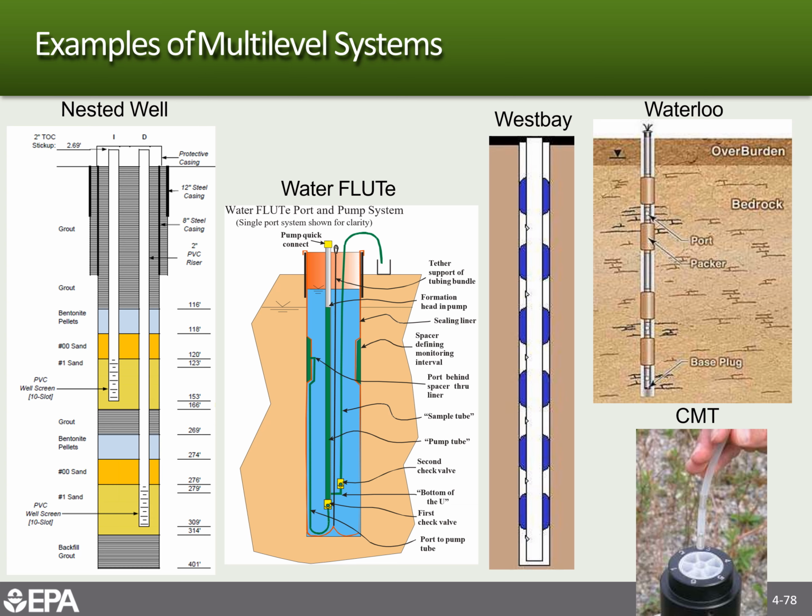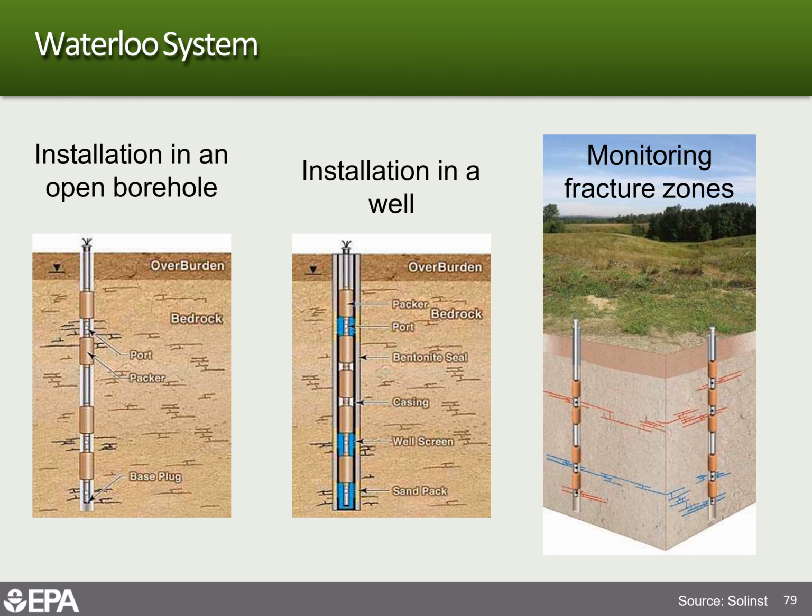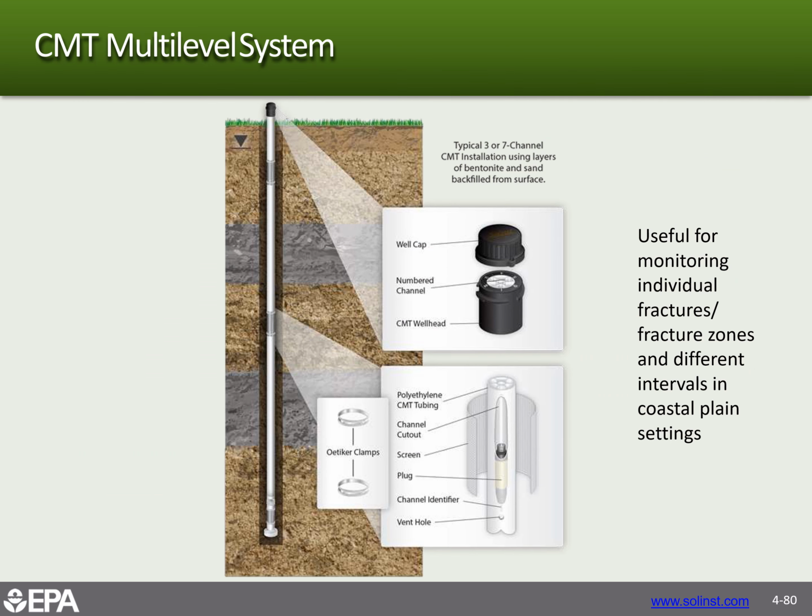But these others are a little more complicated. The Waterloo system is a series of packers, casings and sampling ports that you install at depth at specific intervals that you may have identified previously with your investigation techniques.